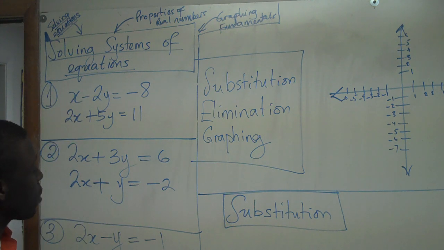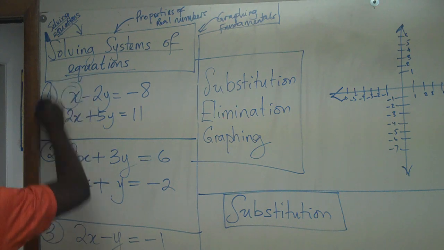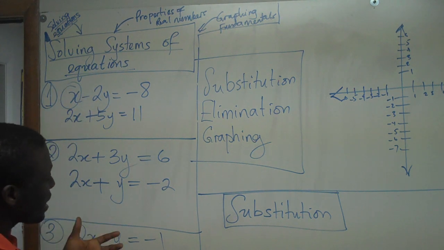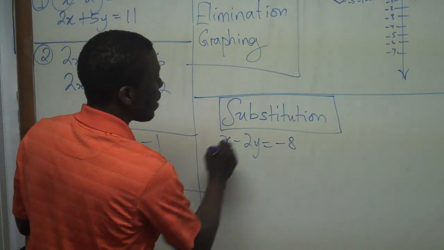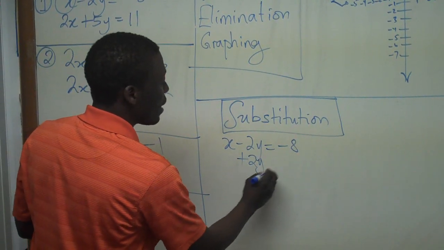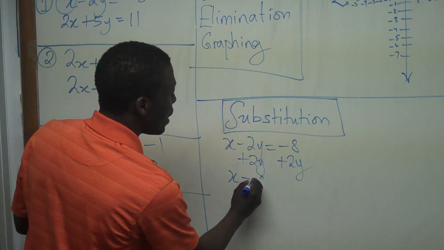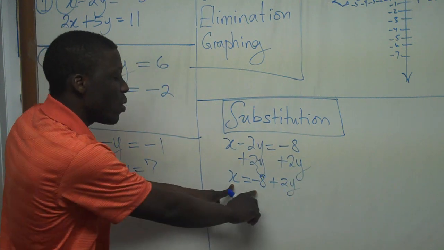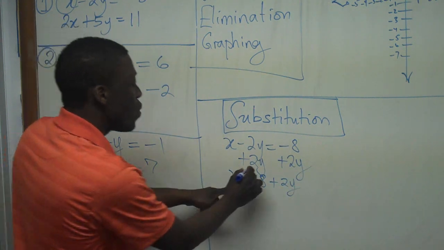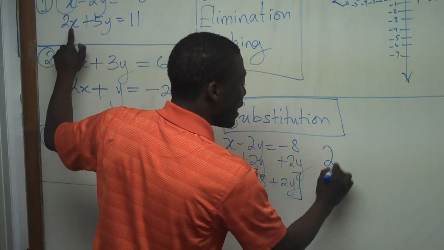If we're going to use substitution, then the best thing to do is to solve for x in this equation, so that x is standing alone. So we say x minus 2y is equal to negative 8. You add 2y to both sides. So x is equal to negative 8 plus 2y. Because x is equal to negative 8 plus 2y, we take the contents of x and substitute it back in here.